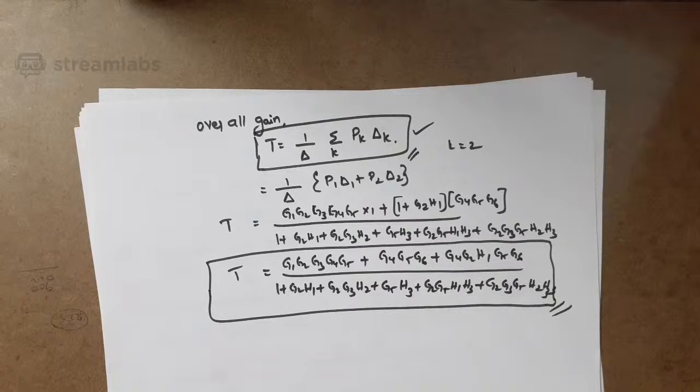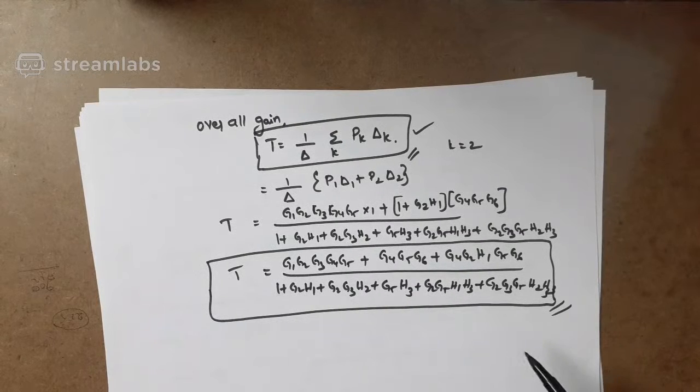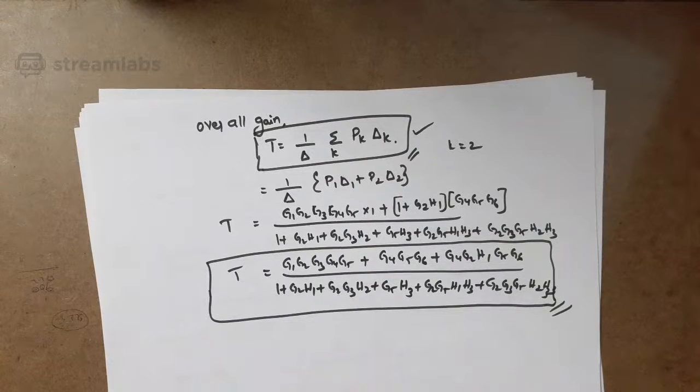Okay, so like this we are going to find the transfer function of the given signal flow graph. So I am going to give you a problem in this session, so you can definitely do that problem in the afternoon session. Just wait a minute, I will give it.